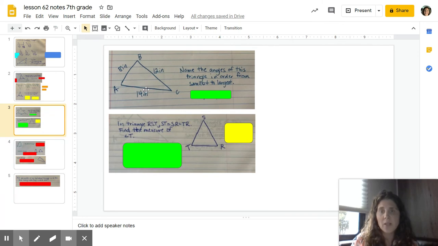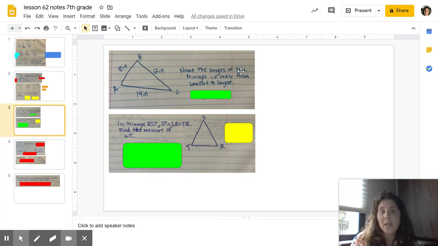Instead of the last time I gave you all the angles and you had to name the sides, now what if I give you the sides, can you name the angles in order? So again, the opposite side and the opposite angle are the relationships.